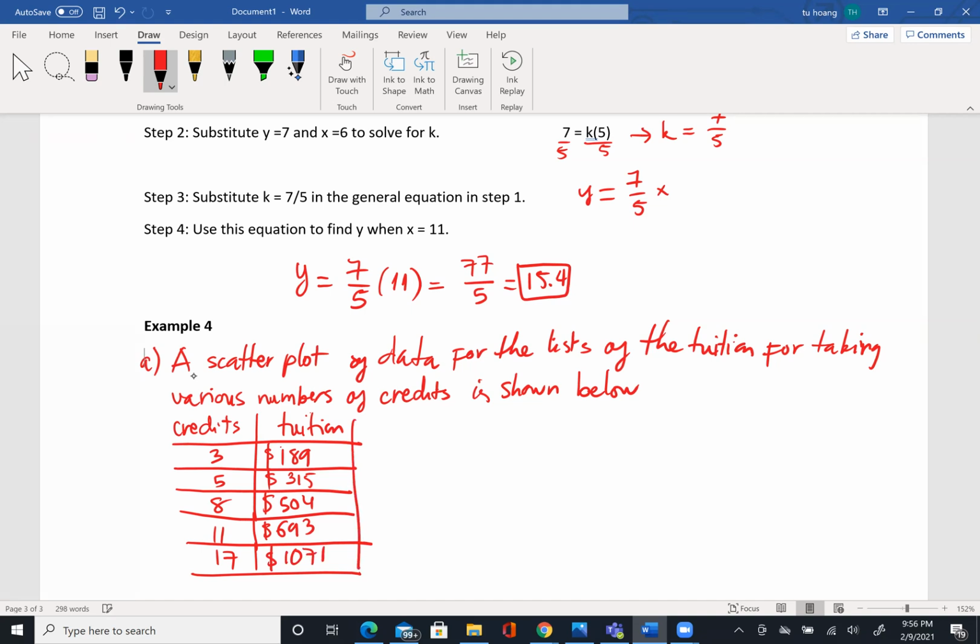So the question for this is, could the data be modeled using a line?